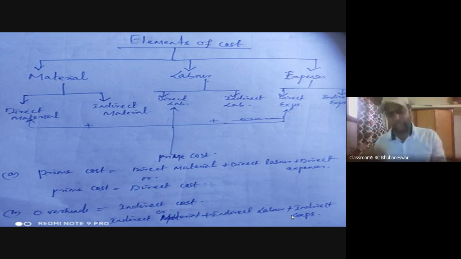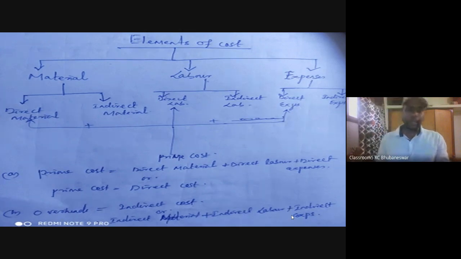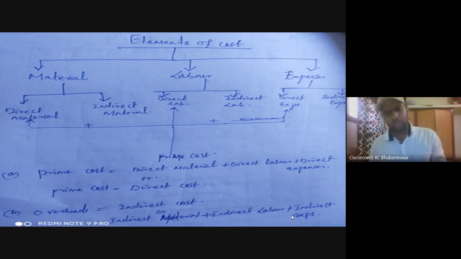You can write it down. So prime cost means the direct cost, or addition of direct material cost, direct labor cost, and direct expenses cost. These three will get added and we will find out the prime cost, the major cost, which is known as the direct cost.